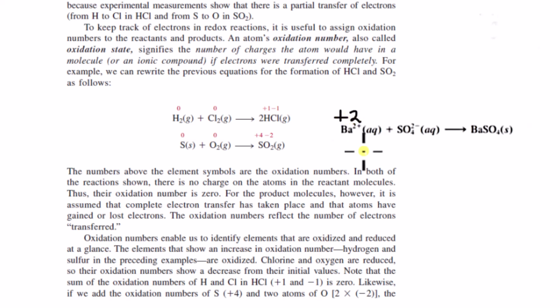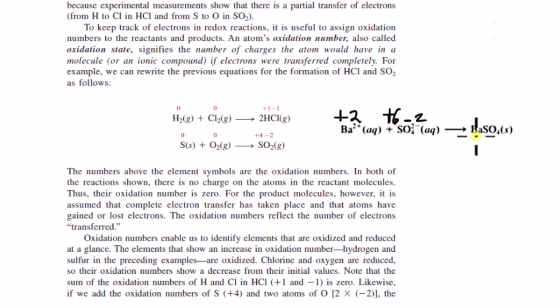Because remember, the whole purpose of oxidation numbers is just to track electrons. It's just like a tracking device. Well, it's easy to track electrons in an actual ion because all the electrons are fully transferred or fully removed from that atom. Okay, the sulfate, you've got -2 on the oxygens and +6 on the sulfur.